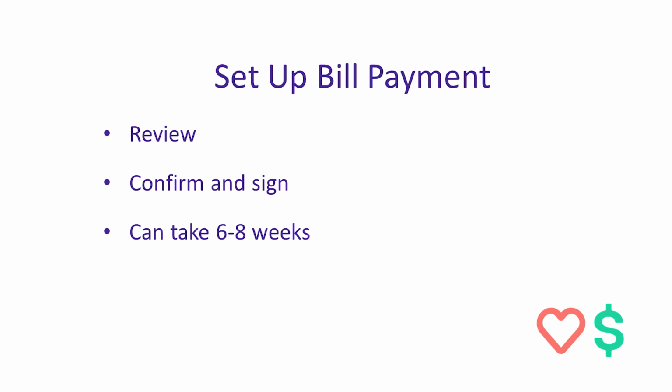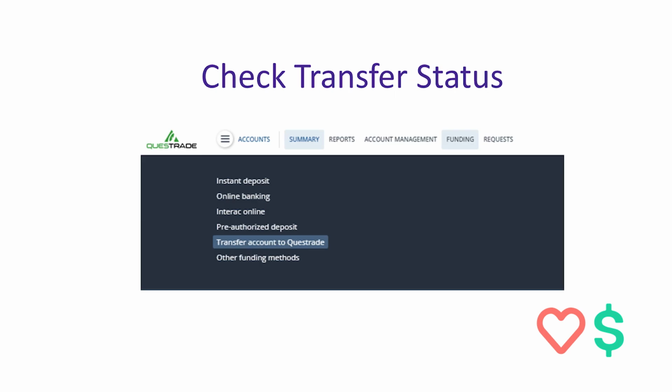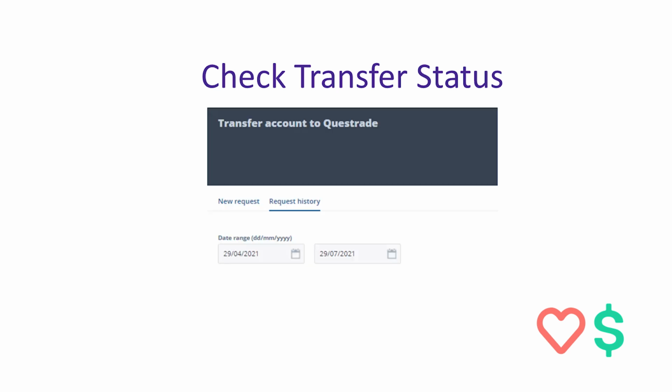If you want to check in on it, if you get a little bit nervous, you can always log into your Questrade and then go again to funding, hover over funding, and then click transfer account to Questrade. And there is a little tab here that's your request history. So you can kind of throw in your date range for when you made the request. And oftentimes it'll say like pending. And if it's pending, then obviously the wheels are still in motion.